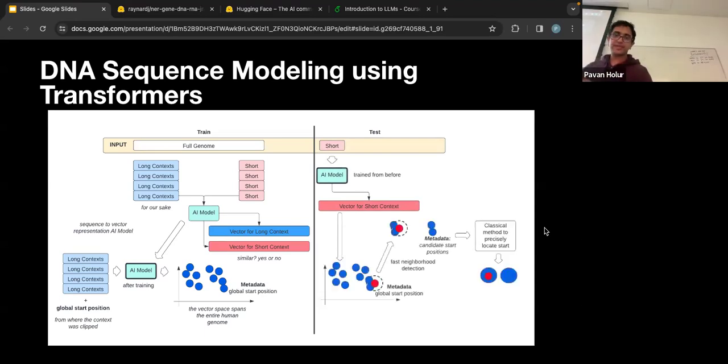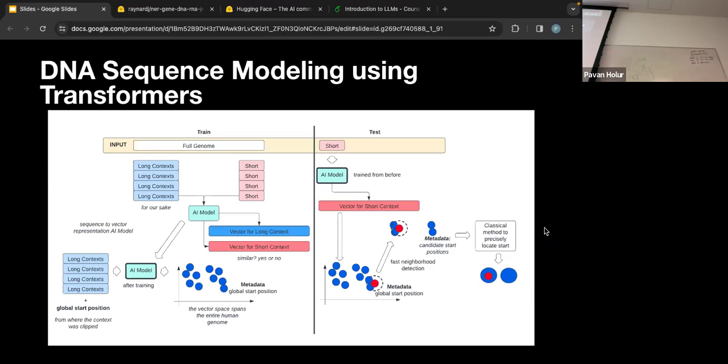The trick is that I go into the party and try to find the people I'm most familiar with. These blue points refer to the fragments from which this particular read is most likely derived. So we can significantly reduce the search space in the genome by limiting the search to the fragments closest to a new read in the embedding space.